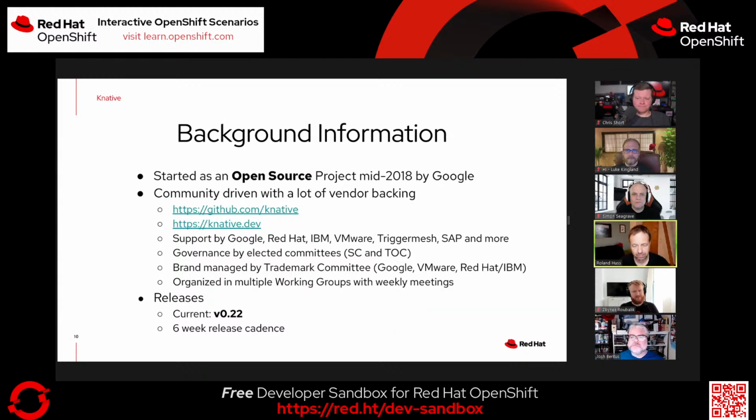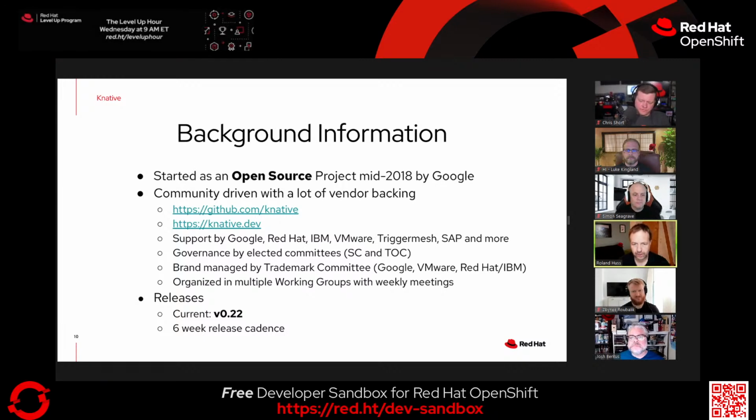But I haven't really talked about what Knative actually is. Knative is an open source project which was started in 2018 by Google. It's a community-driven project which has a lot of vendor backing. There are big companies behind Knative supporting and sponsoring its development, but it's totally open to the community.